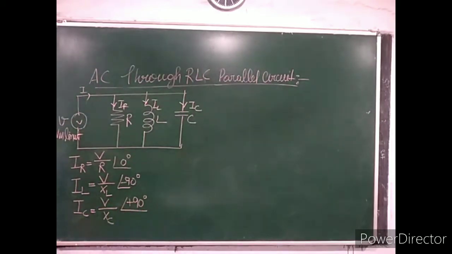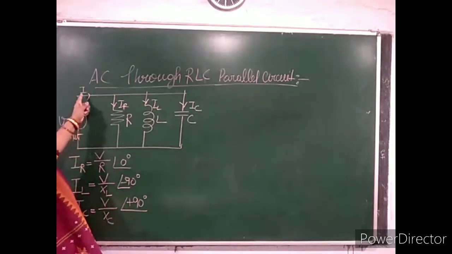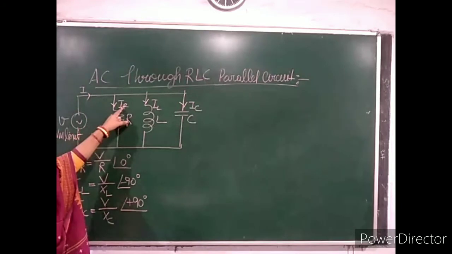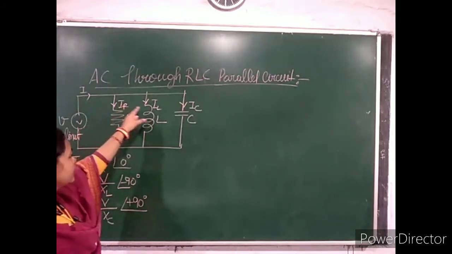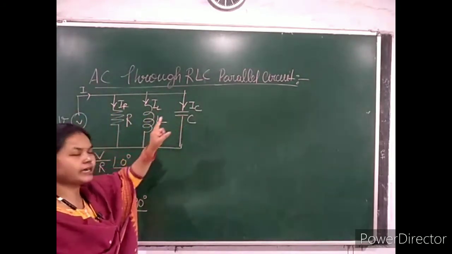Clear students? Here I explain this current parameter in the polar form. You may explain it in the rectangular form also. Now the resulting current I is the phasor sum of current flowing through resistor, inductor and capacitor.